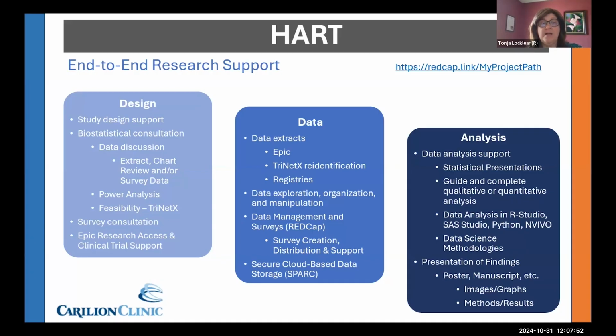We have information on there about R&D, the IRB, and study designs. We have some biostatistical videos that are available in case people wanted to go back and look at some information regarding how to do a t-test or how to do a chi-square test using SAS Studio, things like that.